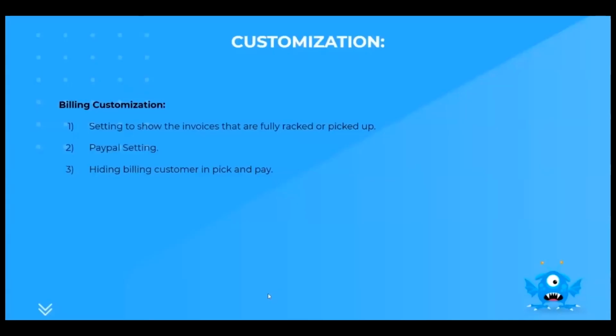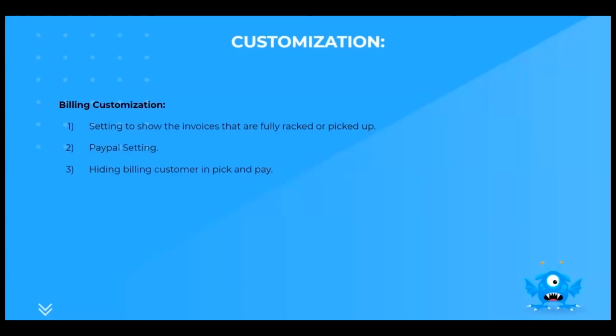Let's now go to the last topic, which is the billing customization. I want to cover some billing customization that might be relevant to your process. We can adjust it if in your operation you only charge for invoices that are racked.